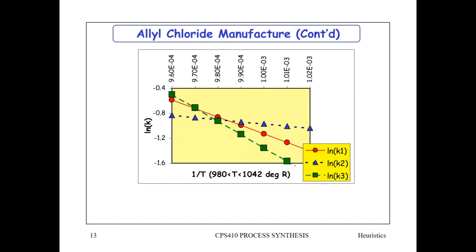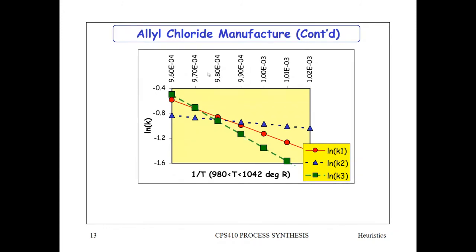Somebody studying this set of reactions would have done experiments at different temperatures and deduced these values of E over R, which is the slope of these lines. So essentially you've got to choose an optimum temperature somewhere between a high and a low temperature to maximize the production of your desired product.